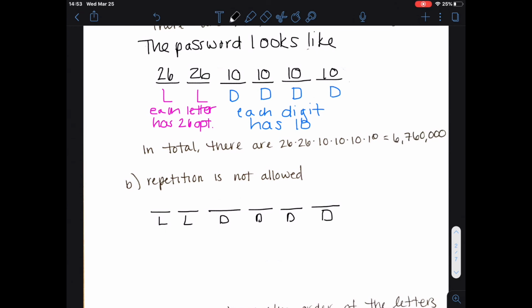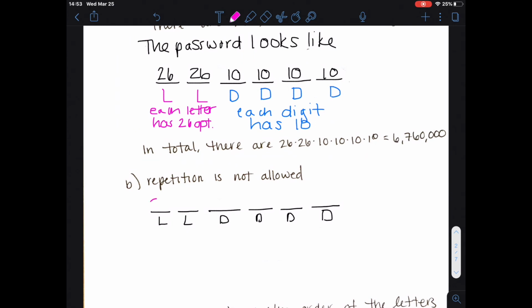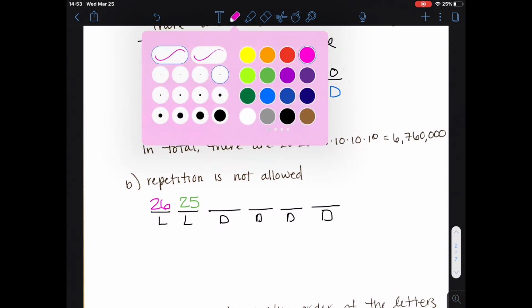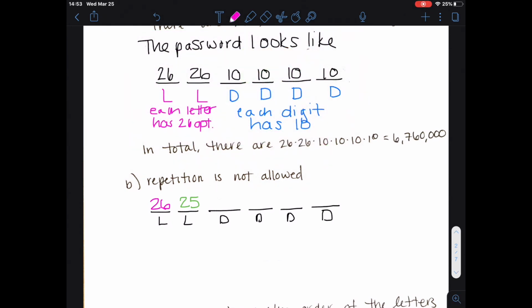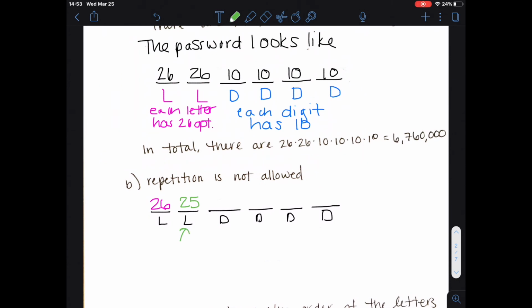But now, for my first letter option I still have 26, but once I pick a letter, I only have 25 to choose from for the second. If I picked an A, I can't pick an A again, so I've got one less letter to work with.